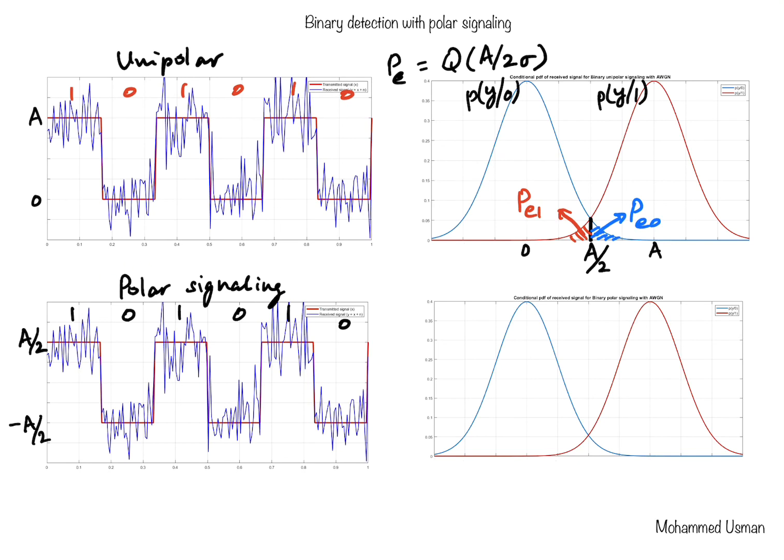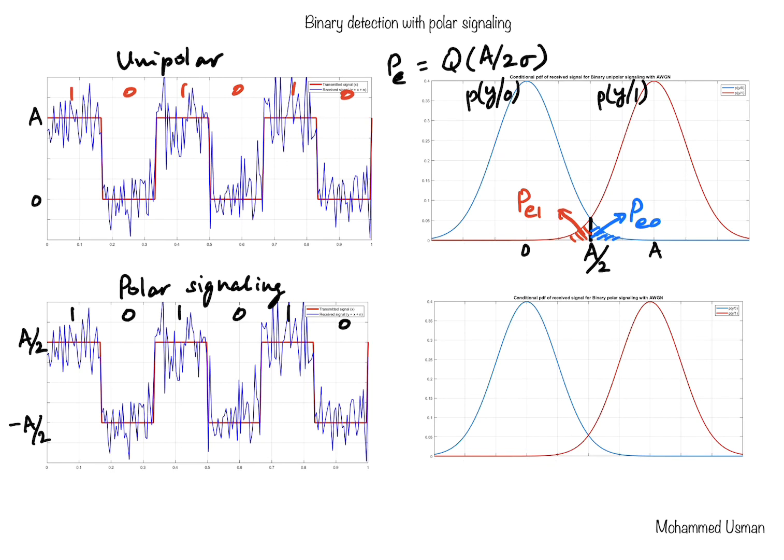Because we want to compare the unipolar and polar, in polar we are going to choose the voltage levels such that the separation between them is also A. So in polar we have a negative voltage and a positive voltage, but the distance between them is still A. From minus A by 2 to plus A by 2, the level separation is still A, right? So that's why we are representing this as minus A by 2 and plus A by 2. Correspondingly the received PDFs are going to be, so let's write it down.